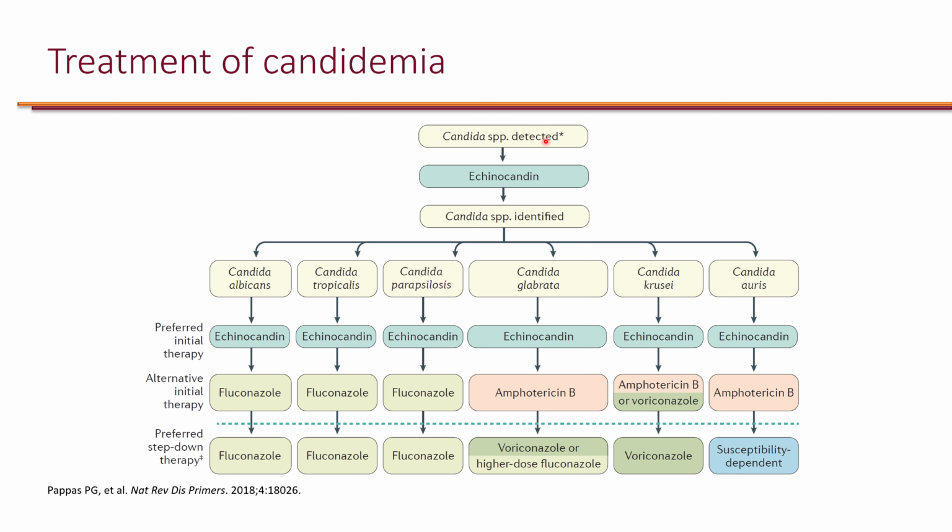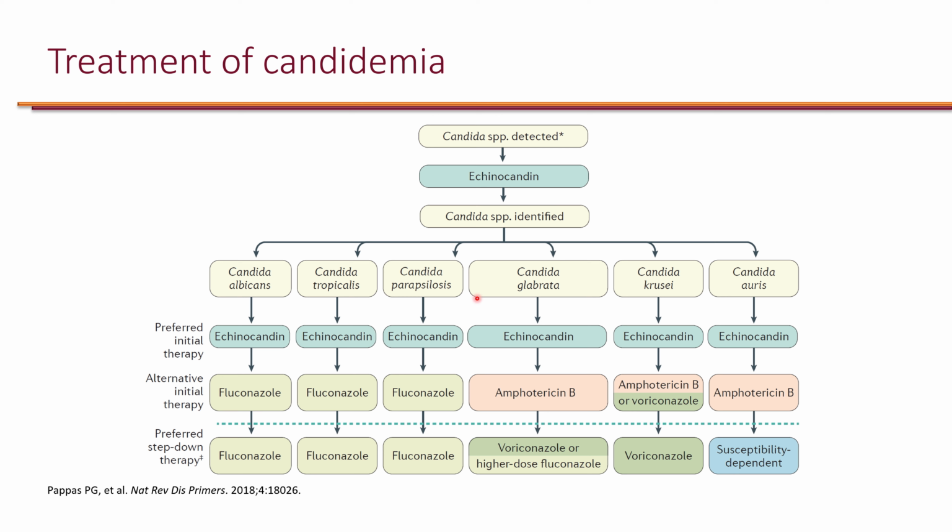Now here's a visual of the recommendation. So essentially, for most patients, an echinocandin is what's prescribed empirically. And then once the species is identified, depending on susceptibility results, the patients may be transitioned to oral fluconazole, especially for albicans.